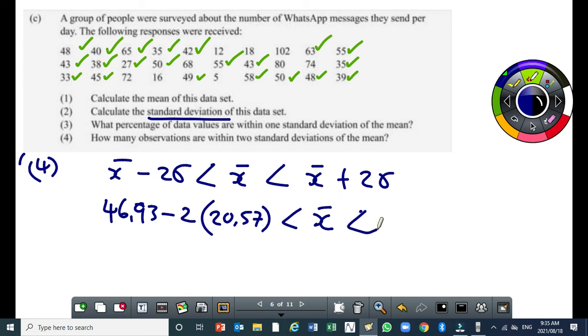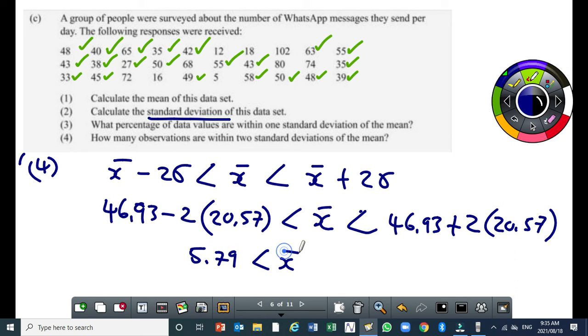This is less than 46.93 plus 2 times 20.57. Can someone simplify this quickly? 5.79 is less than x bar, and that one is 88.07.